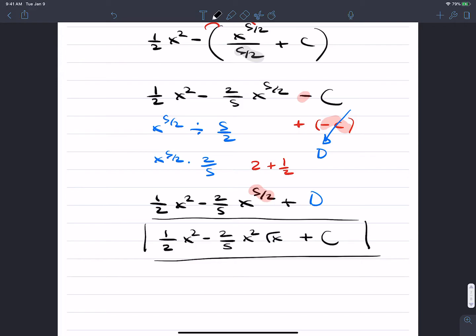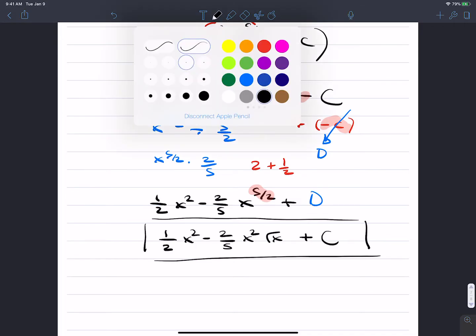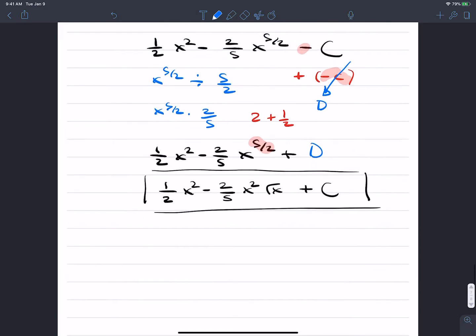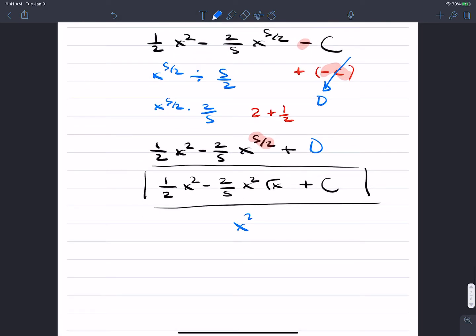And it's helpful because when you do homework, you don't want to look back there and say, I have a plus c, I got a minus c, I'm not doing my homework anymore because I don't know what's happening. How do they write x to the 5/2 as simply x squared square root of x? Because of that simplification we told you, right? x squared plus 1/2 is really x squared times x to the 1/2.